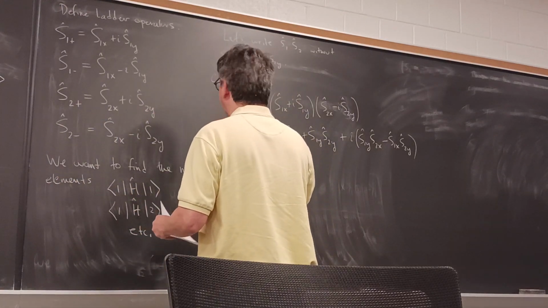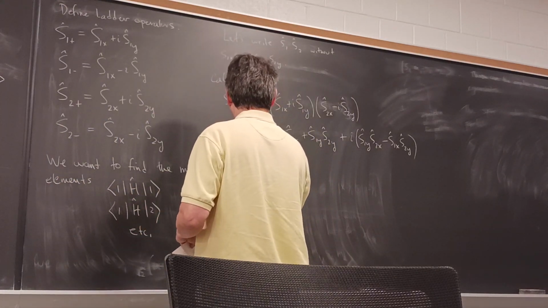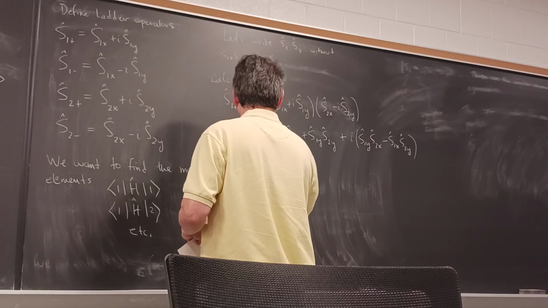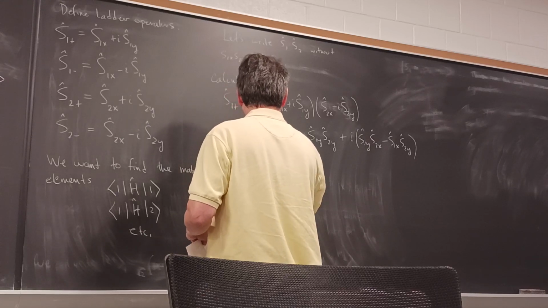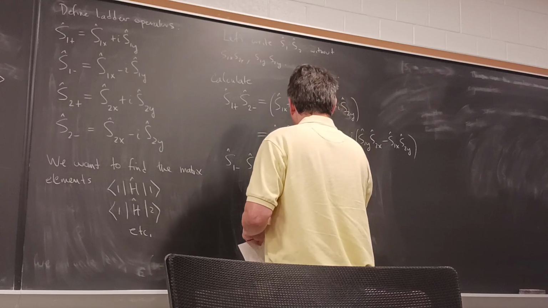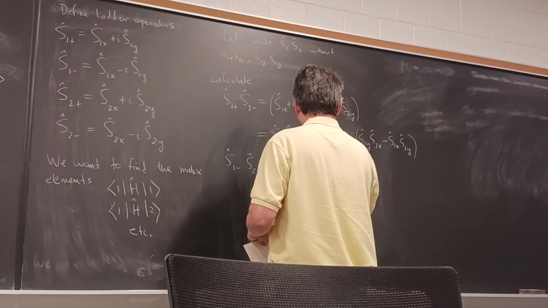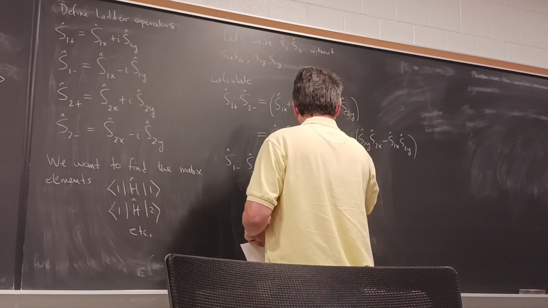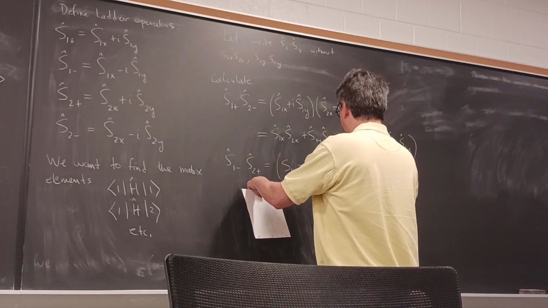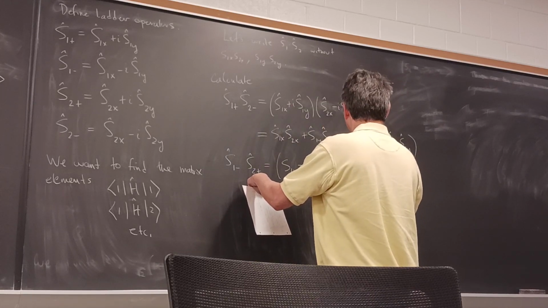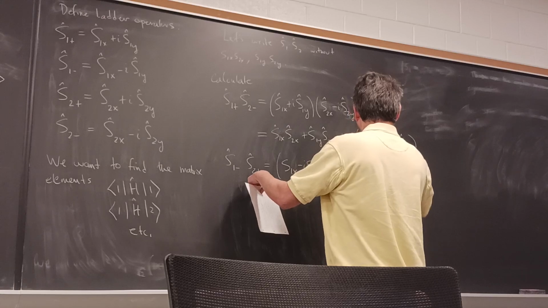So let's do S1 minus S2 plus. S1 minus is S1x minus i S1y, times S2 plus, which would be S2x plus i S2y.